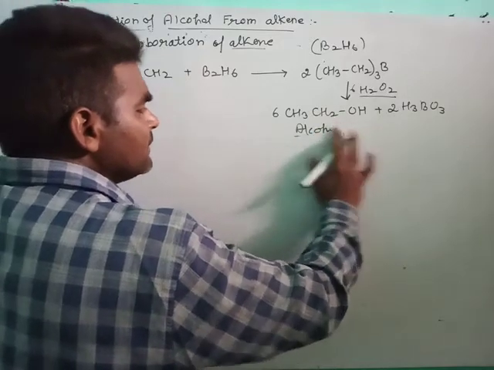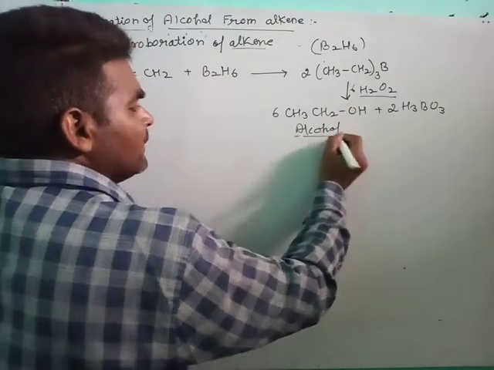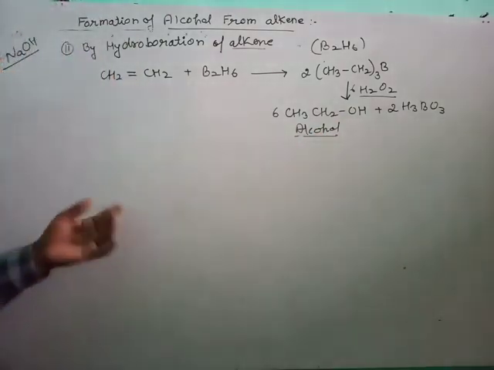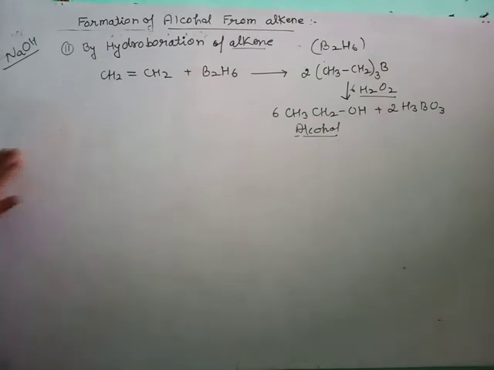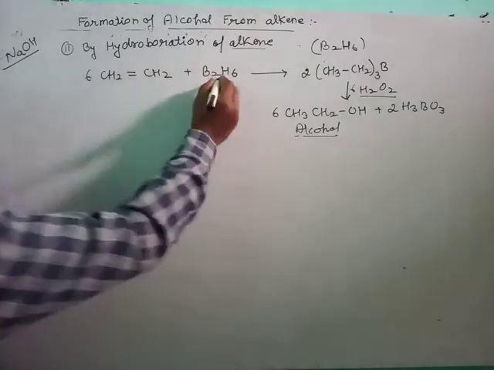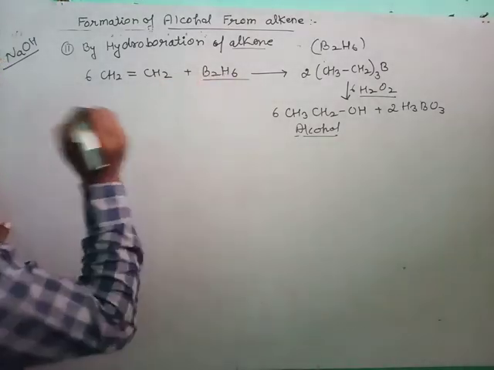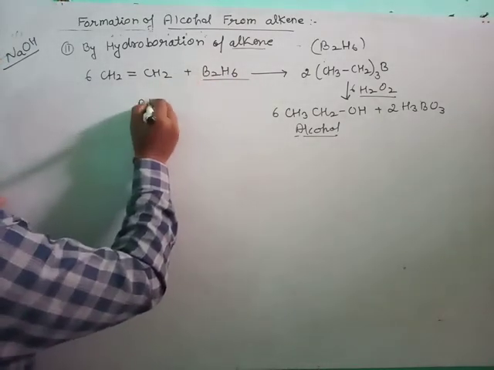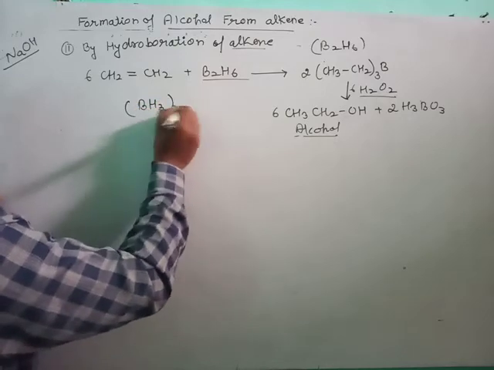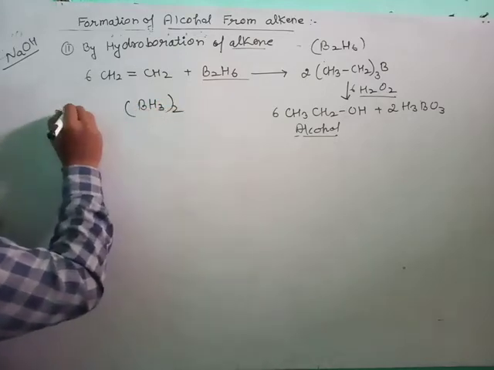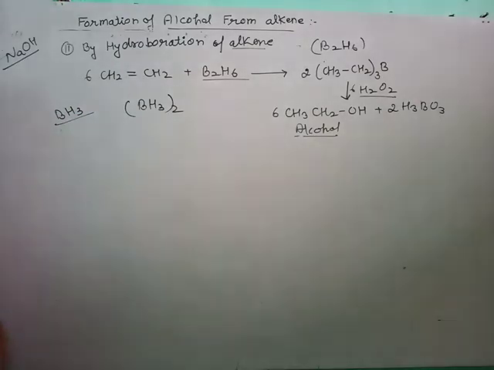But this reaction can be simply written as the following. B2H6 is also written as BH3 whole twice, or simply BH3. The simplest form of diborane is BH3.